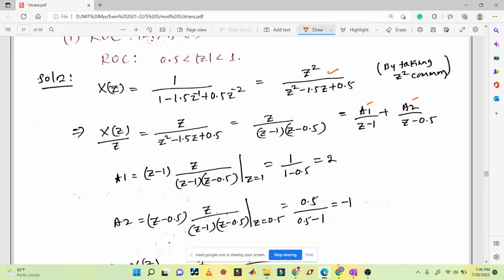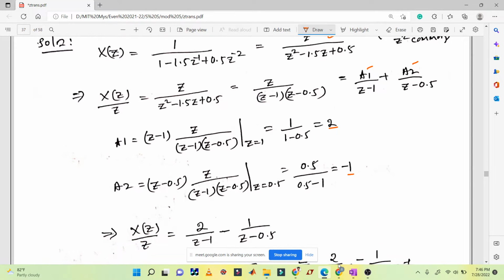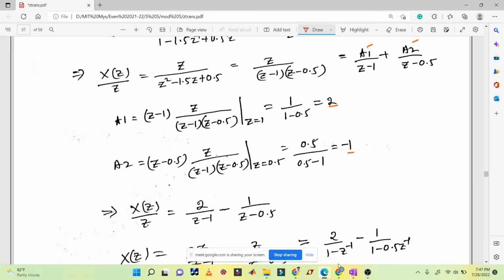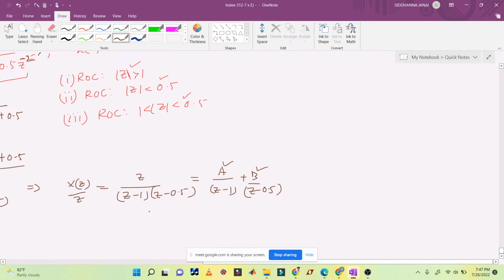After solving for a1 I will get 2. After solving for a2 I will get minus 1. Substituting these values, x of z by z is 2 divided by z minus 1 minus 1 divided by z minus 0.5.